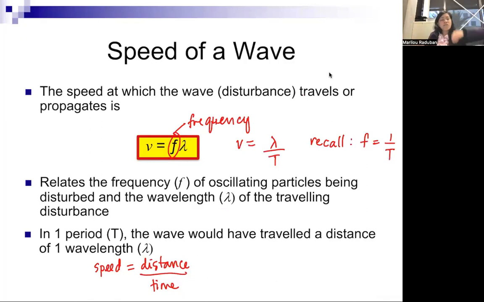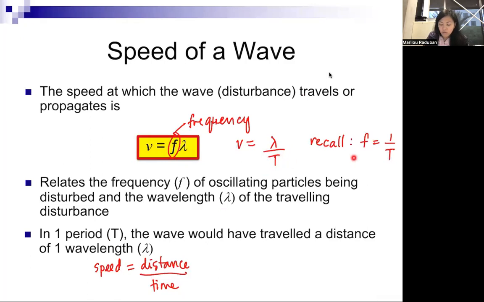If you can imagine the oscillating object, by the time this oscillating object finished one period, one oscillation, the disturbance would have traveled a distance of one wavelength. And so speed is equal to the wavelength, the distance traveled, divided by the period, which is the time for one oscillation of the particle.